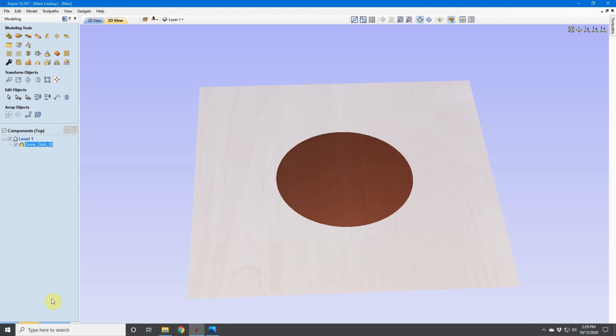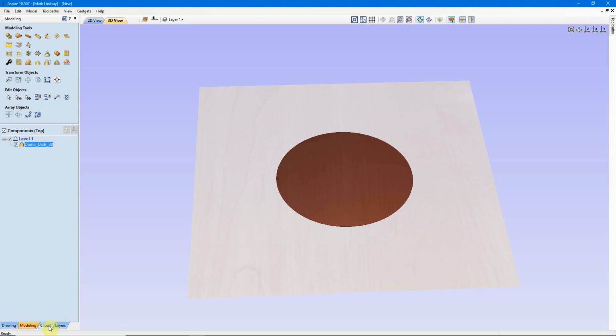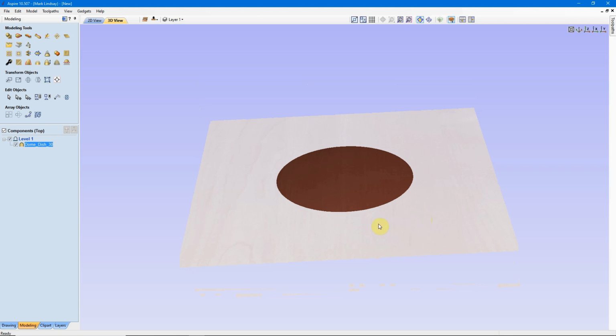So we could come back over to the clip art and add more models either out here on top of the modeling plane or merge them into or add them on top of our dome here. So that is the modeling plane. Keep in mind that vCarve and Aspire both model from the bottom up.